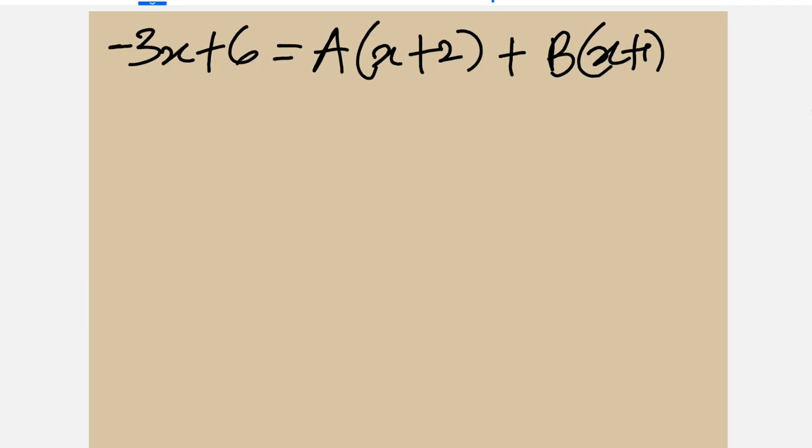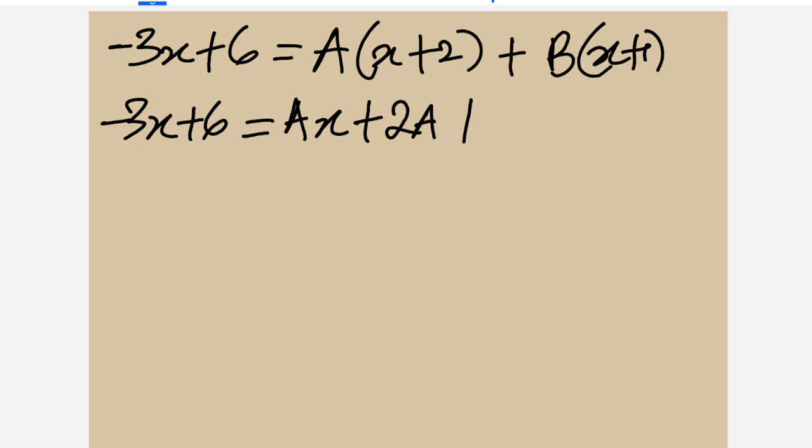So let's expand. In our expansion, we have minus 3x plus 6 equals ax plus 2a plus bx plus b. The first thing you are going to do is find the coefficient of x.